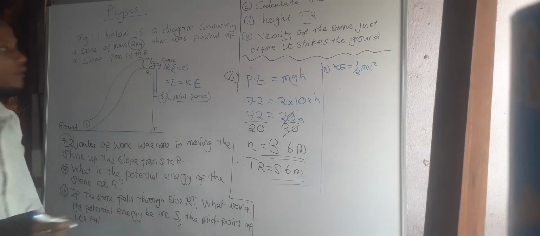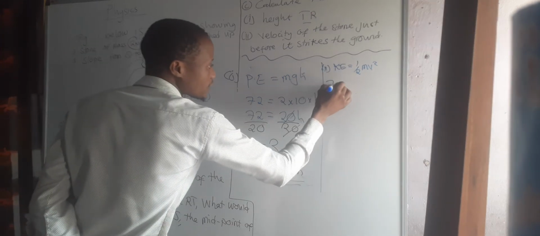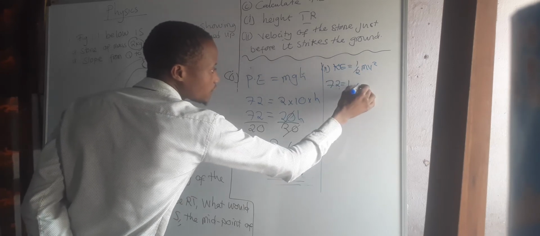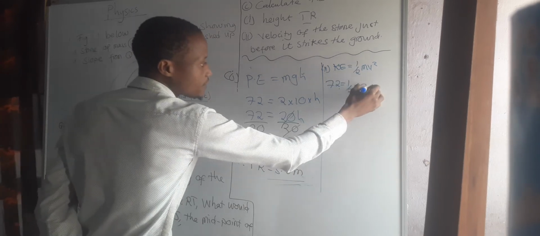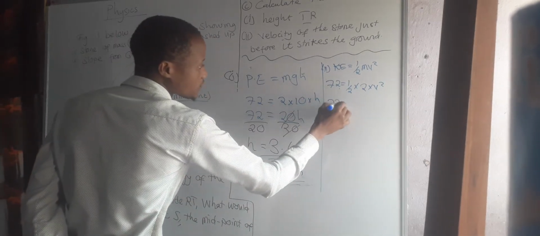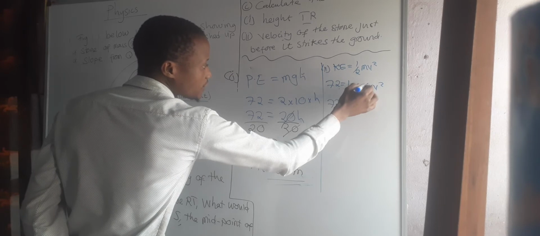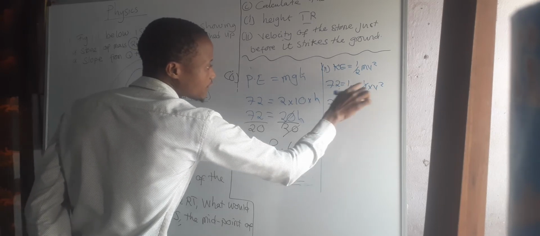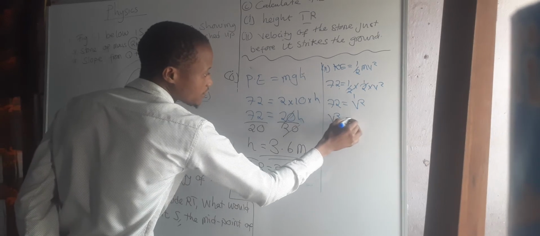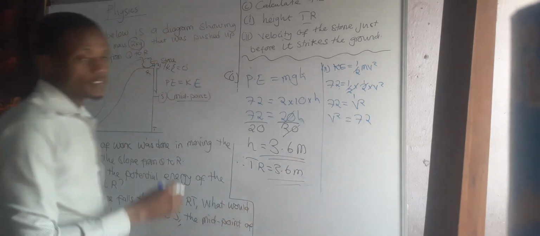Okay, so the kinetic energy is 72, which equals 1 over 2 times the mass of the stone, which is 2, times the velocity squared, the one we want. So we have 72 equals 1 times v squared, which is the same as v squared equals 72.